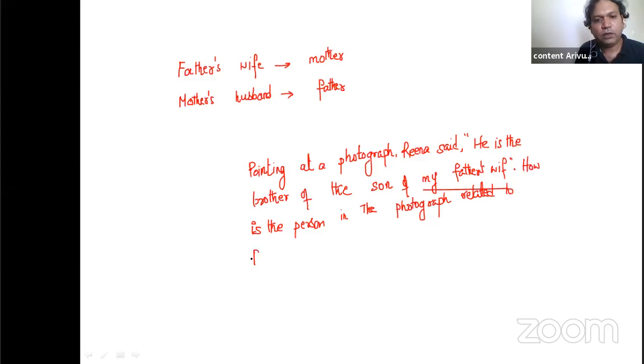Okay, now this is how questions are created for blood relation chapter. So pointing at the photograph, Reena said, he is the brother of the son of my father's wife. How is the person in the photograph related to Reena? What will be the answer? Brother.